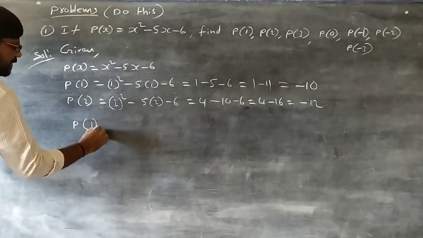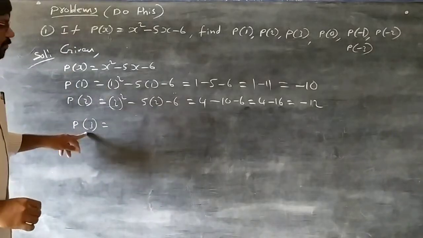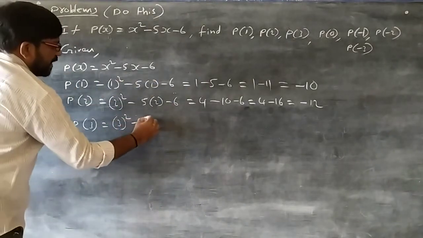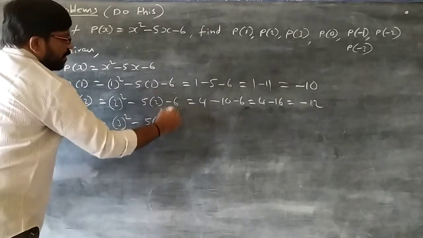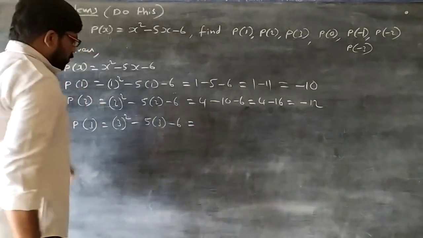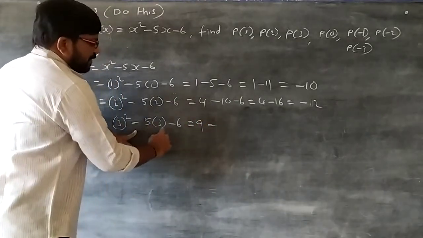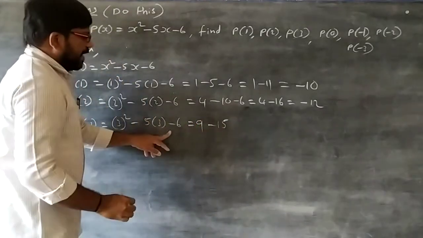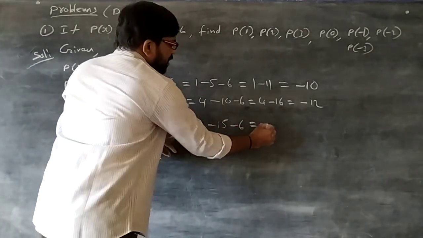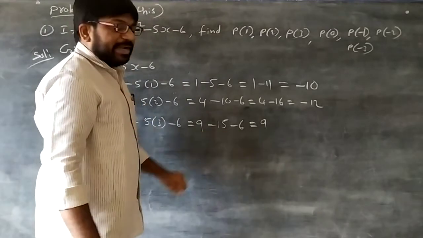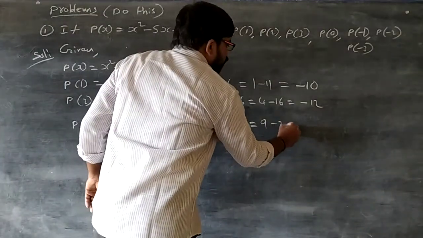P of 3 is equal to. Substitute x equal to 3. That's it. 3 square minus 5 into 3 minus 6 is equal to 3 square, 9, minus 5 threes are 15, minus 6. That is equal to 9 minus 15 minus 6, minus 21.